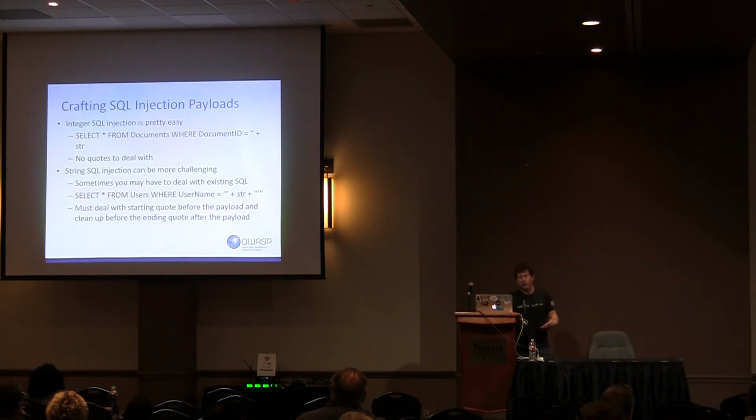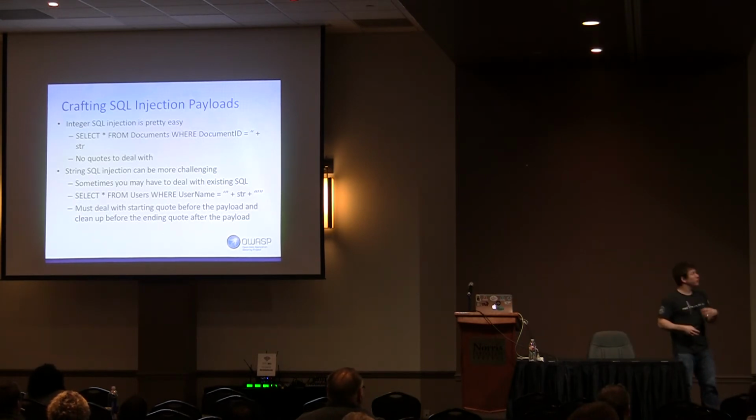In the example we looked at before, that login example, you may have to deal with some existing SQL, where select star from user where the username equals single quote whatever I pass in, another single quote. So as an attacker, I'm going to deal with that starting quote before I can actually put my payload in, and then I'm going to clean up before the static text gets pasted back in, or before the interpreter gets to that.